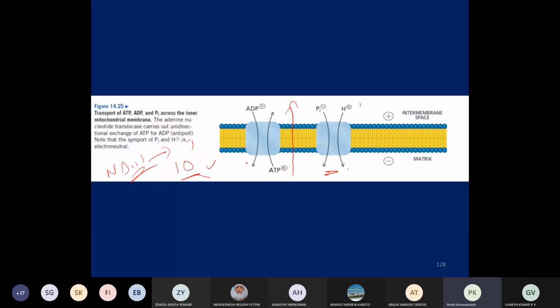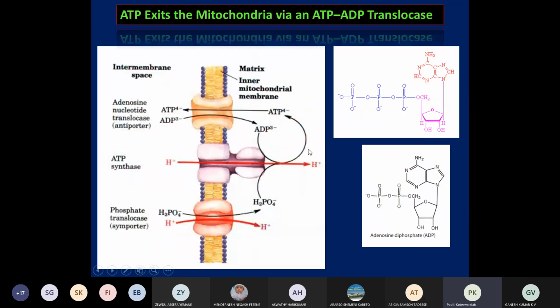From these 10 protons, 3 protons are essential for the formation of ATP, and 1 proton is also utilized for the ATP translocation. So a total of 4 protons are utilized for the synthesis of one ATP as well as the exit of ATP from the mitochondria.